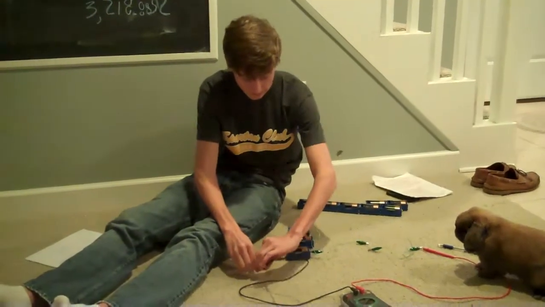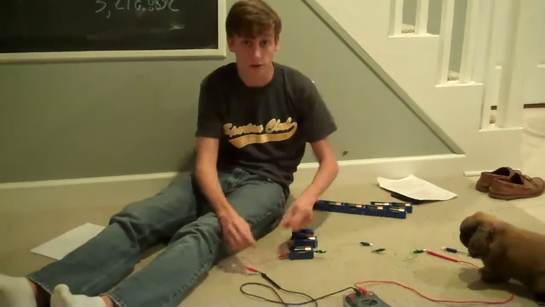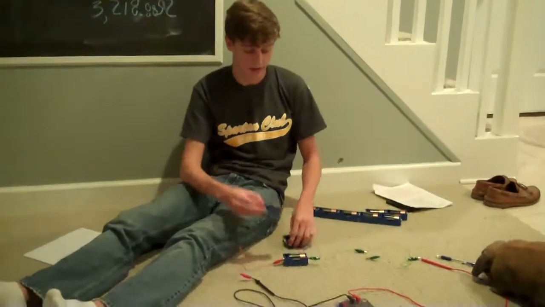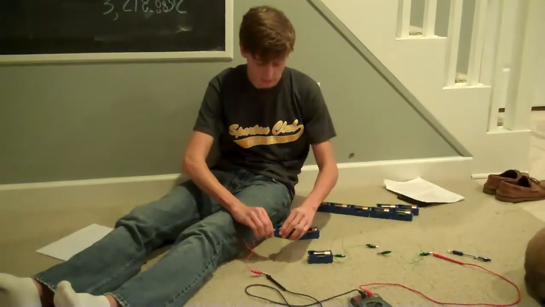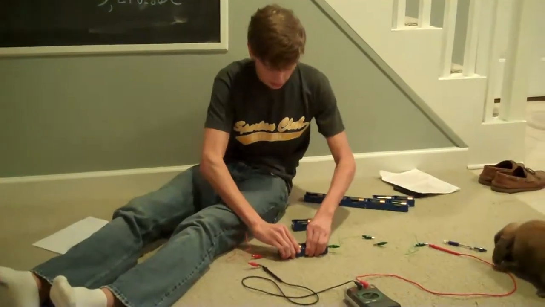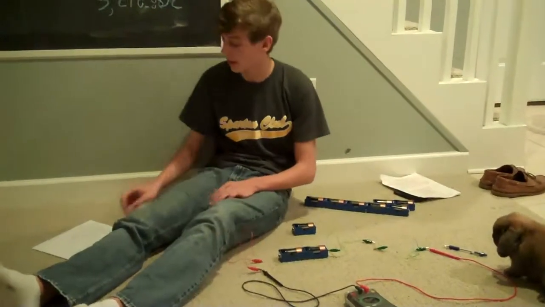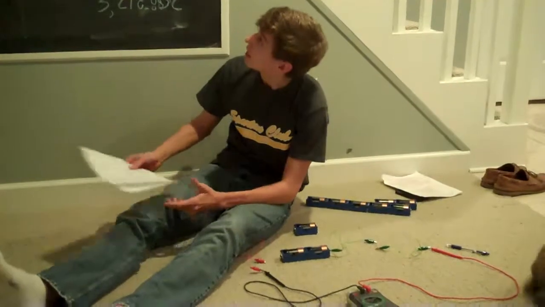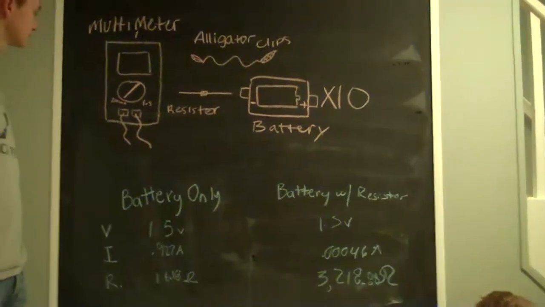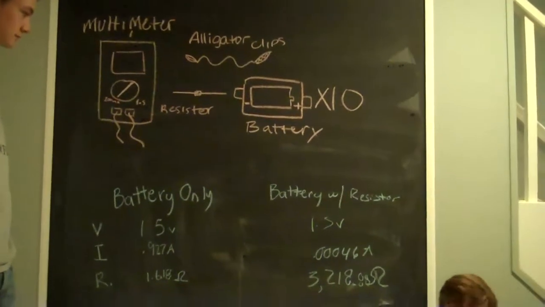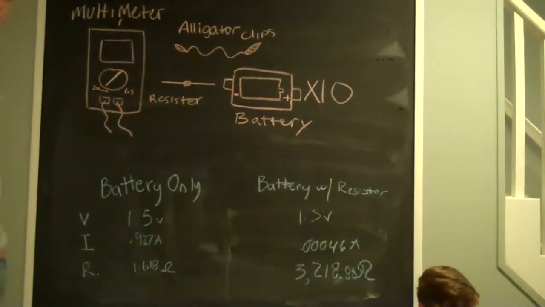We measured the current flowing through as we went, adding batteries until we had 10. Let me show you that in a bit. That's our diagram up here, showing how we did it with alligator clips attached to our multimeter. We had 10 batteries total for our 10 data points, and we measured as it went up.